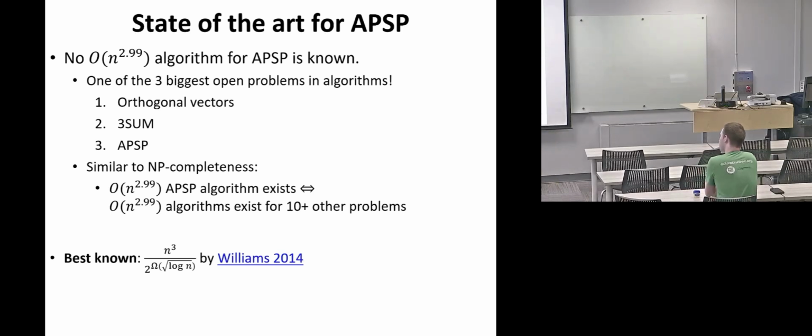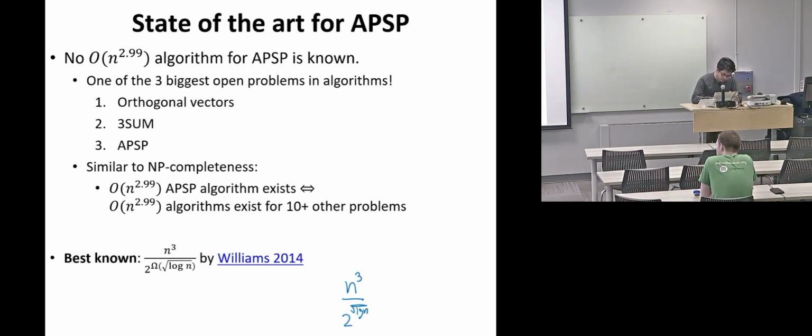But we don't know this kind of running time. What's known is this kind of running time, with some weird improvement. What is this? This is 2 to the square root of log n.